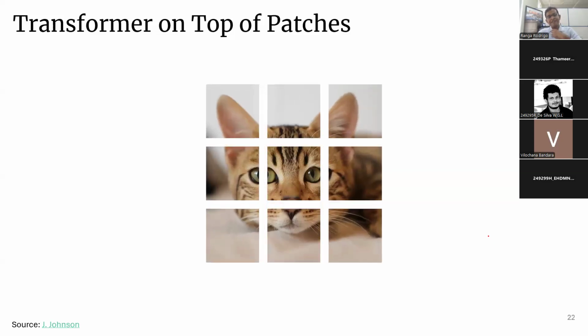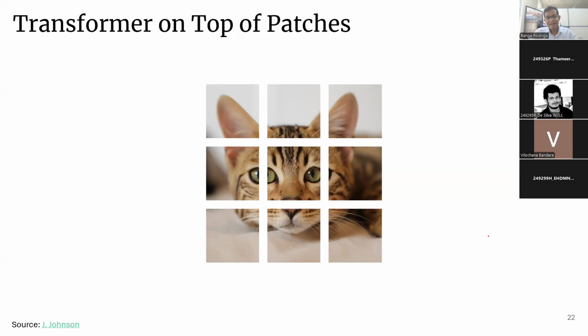So actually they came up with a solution. You patch the image, you cut it into patches. Each patch you encode into a vector, or you can just rearrange into a vector, but that's not enough. Then you feed that as a word to the transformer model.